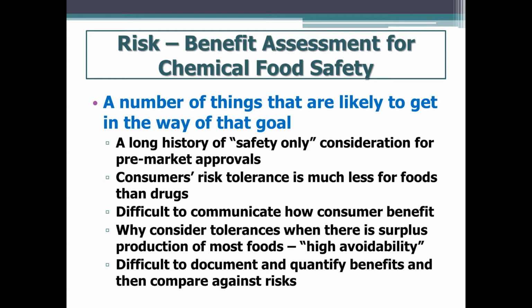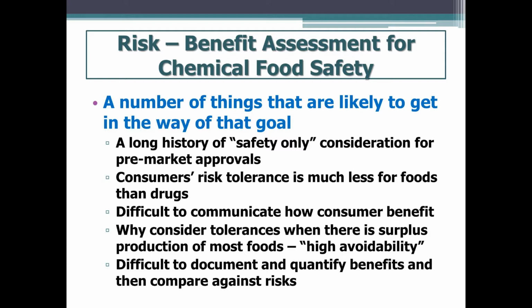Three, it is extremely difficult to articulate benefits to the consumer when you're doing this type of risk-benefit analysis. If you don't think that's true, think about genetically modified foods, and they're still looking for a good communication on how to tell consumers that they're getting something for the inclusion of these types of food.